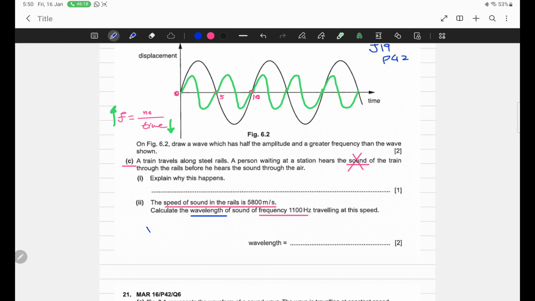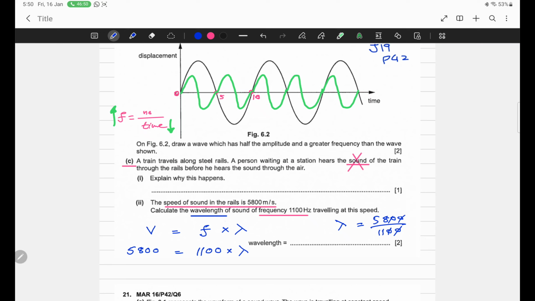So again, V equals f lambda. V is the speed, and the speed is 5800. Frequency is 1100, and you can calculate wavelength. So wavelength is equal to 5800 divided by 1100.